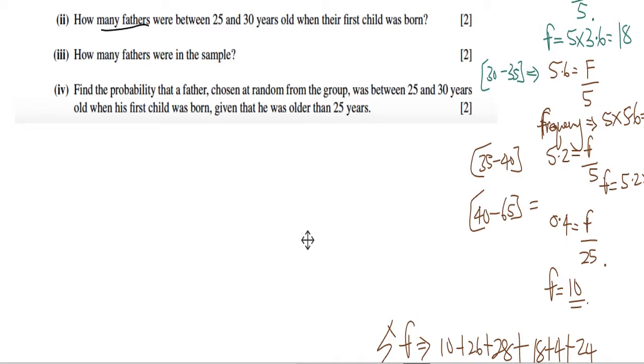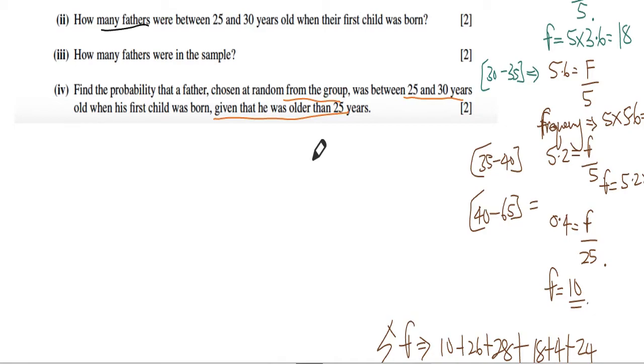And finally, part 4: find the probability that a father chosen at random from the group was between 25 and 30 years old when his first child was born, given that he was older than 25. Certainly this is a conditional probability, since it's given that.